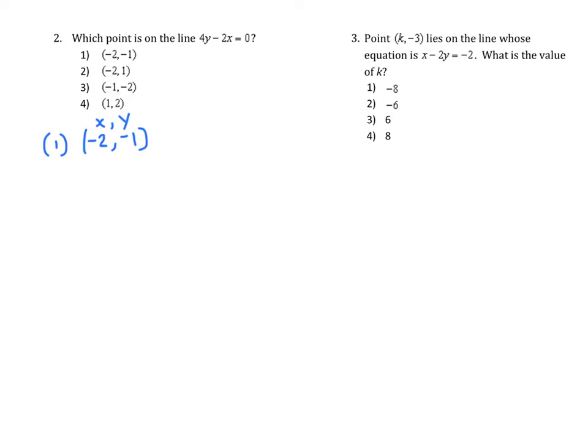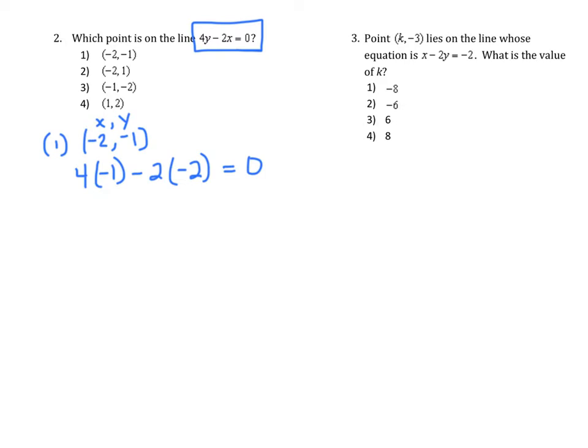So I'm going to take my equation, 4y minus 2x equals 0, and plug in y as negative 1, so 4 times negative 1 minus 2 times the x, which is negative 2, and see, does it equal 0? So when I answer this, I get negative 4 plus 4. Negative 2 times negative 2 is a positive 4, and 4 times negative 1 is a negative 4.